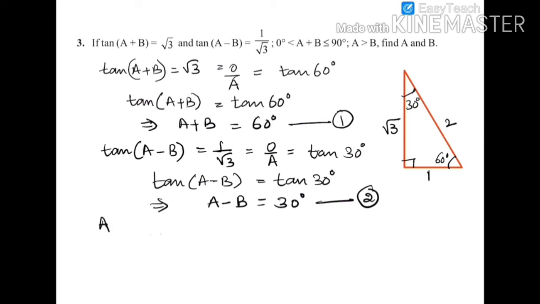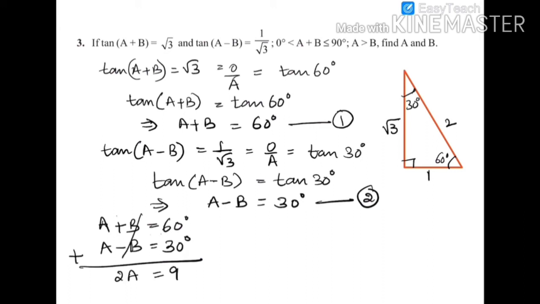Now solve equations 1 and 2 using the elimination method. So we can add these two equations and eliminate b. So we get 2a equal to 90 degrees. So a is equal to 45 degrees.